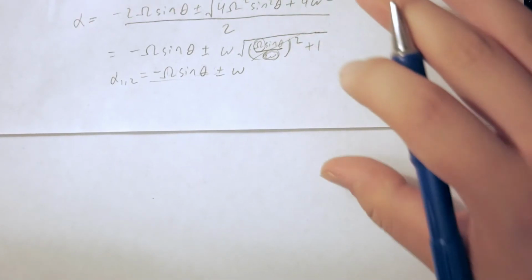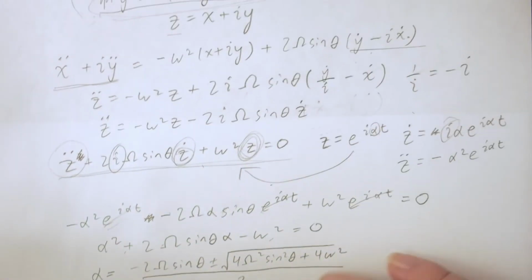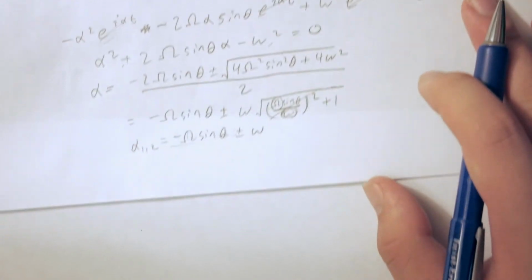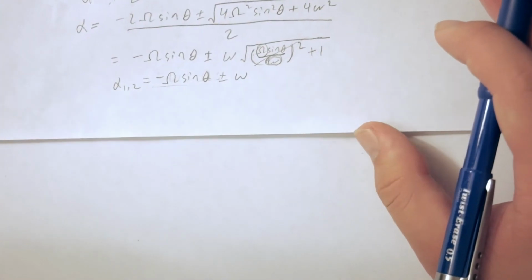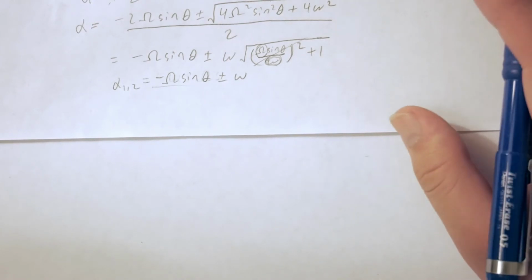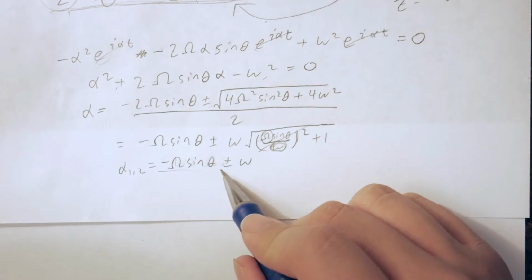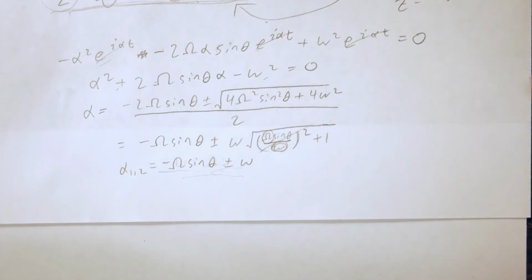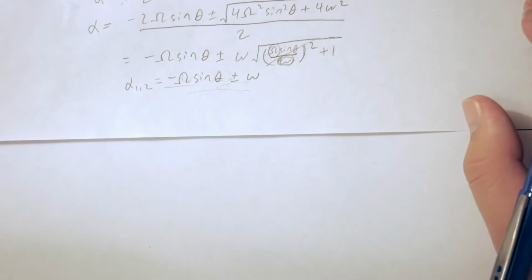Since this differential equation is linear, we can now use a property of linear differential equations: if it has multiple solutions, the independent solutions can be added to form a more general solution.